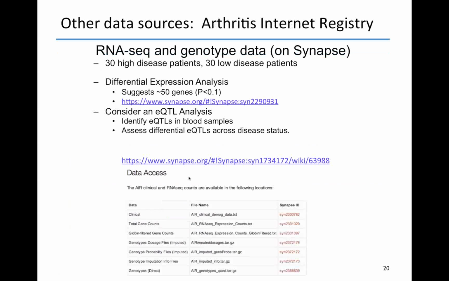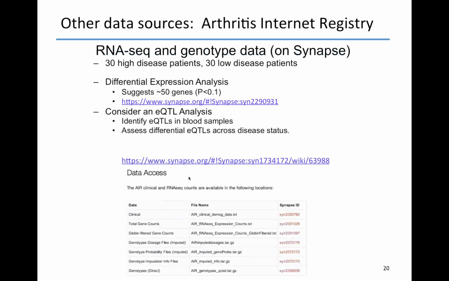Okay, I think that the ancillary data set that's been the biggest investment of resources on the part of the challenge organizers, and gotten the most publicity in terms of being available as ancillary data, is this Arthritis Internet Registry data, which is RNA-seq data and the genotype data for these 60 patients available on Synapse.